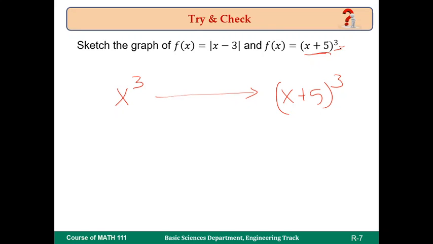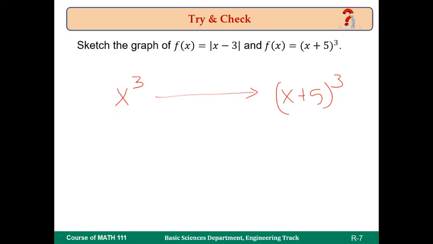So then we have x plus 5 cubed. So you can take it like if this is the function g of x, so this is now g of x plus 5. So as you see now, x is replaced by x plus 5, so it gives us a horizontal shift.